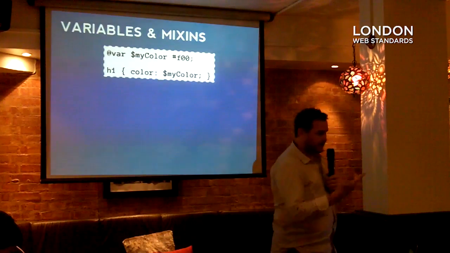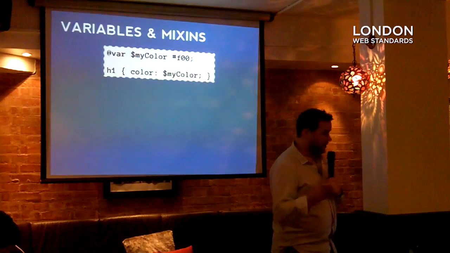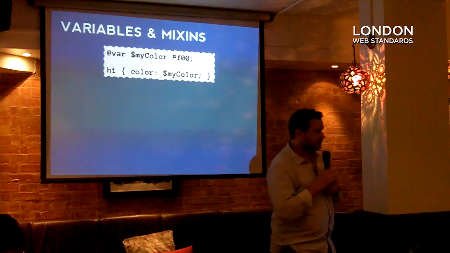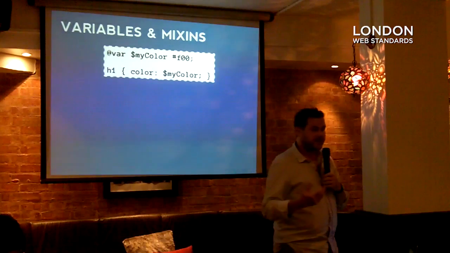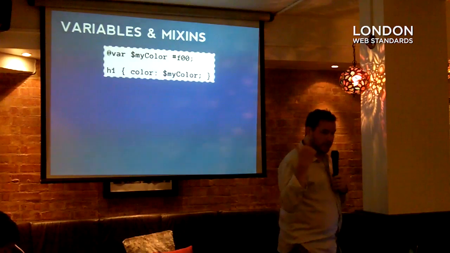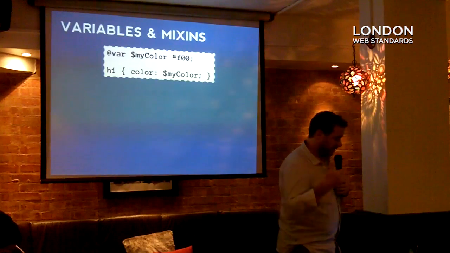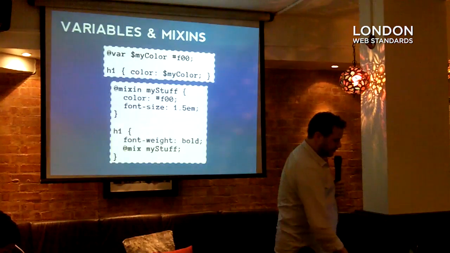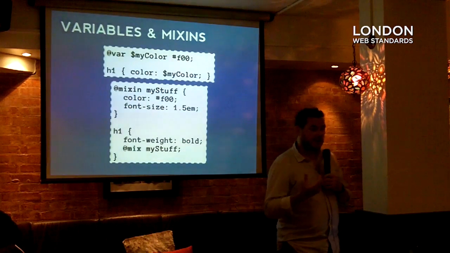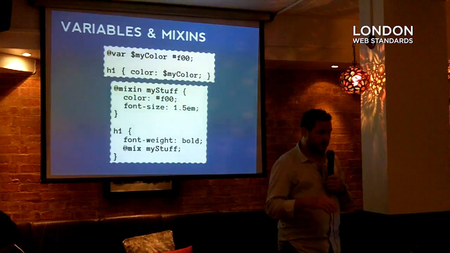We started earlier talking about variables and mixins, and these are already in things like Sass and Less. But it's been proposed to take them out of Sass and Less and put them into CSS. So you can define a variable, give it a name and give it a value, and then call it later on. You can also do mixins, as was mentioned earlier. So you can do whole blocks of styles and just drop them in your code whenever you like.